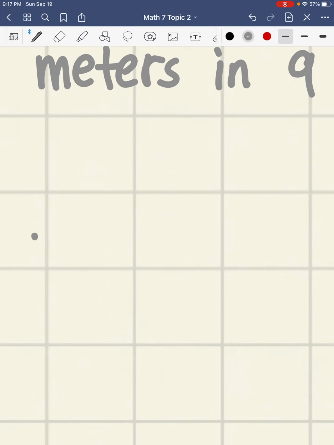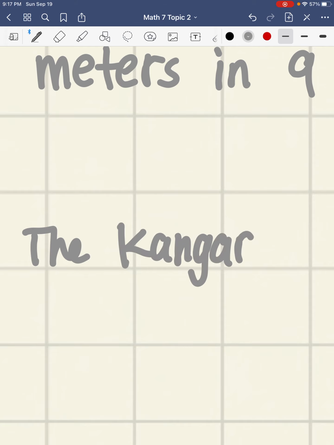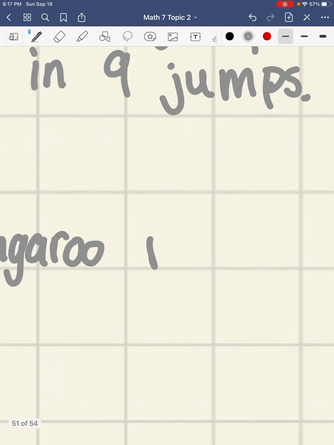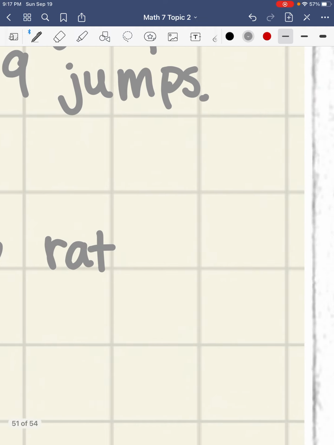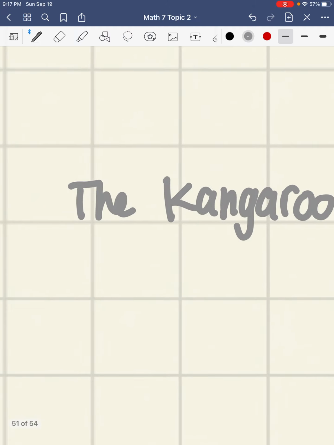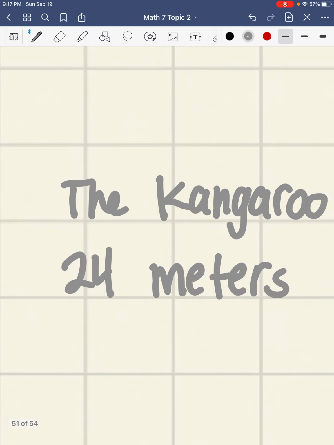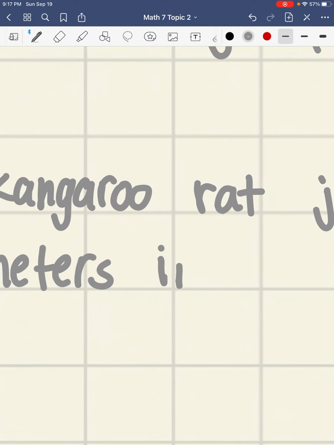And the kangaroo rat jumps 24 meters in 10 jumps.